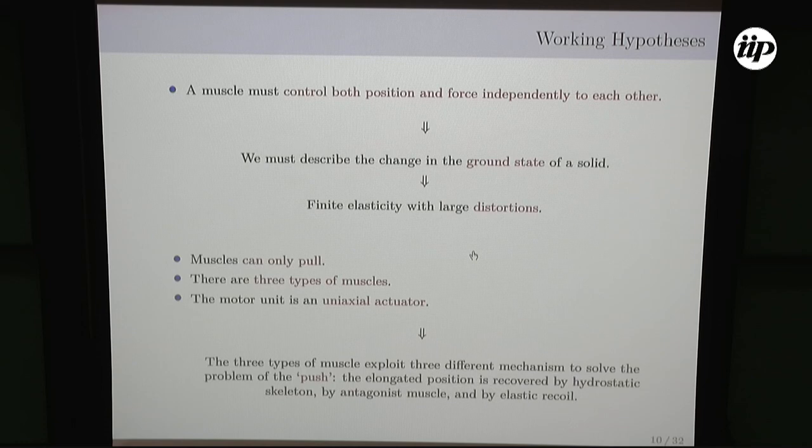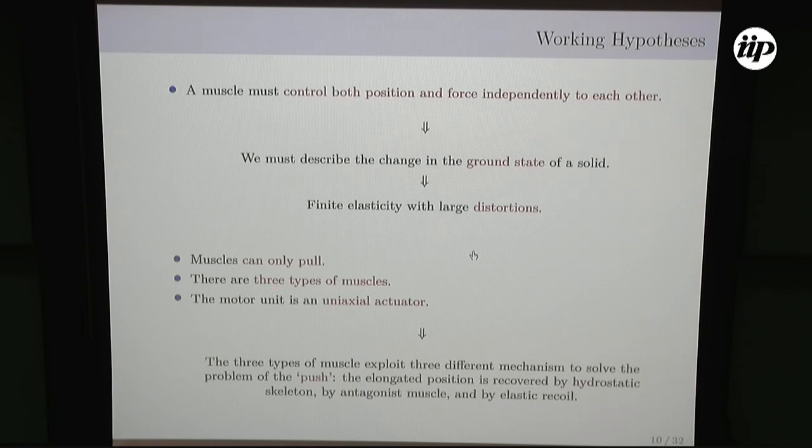So the idea is to use distortion, or pre-strain, to model the ground state of a solid. And in this case, distortions are time evolving, so they change in time, so we can change the shape of the muscle. And the other thing is only pull, 3 types, uniaxial actuator.